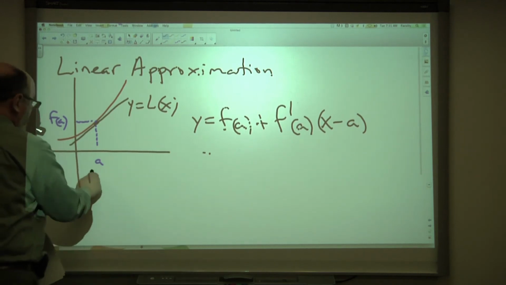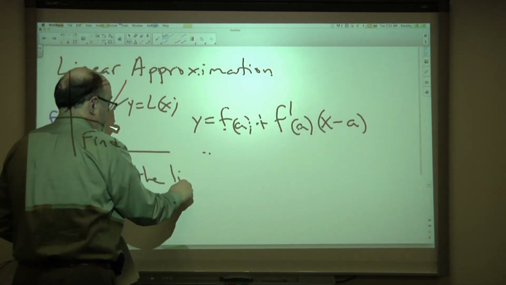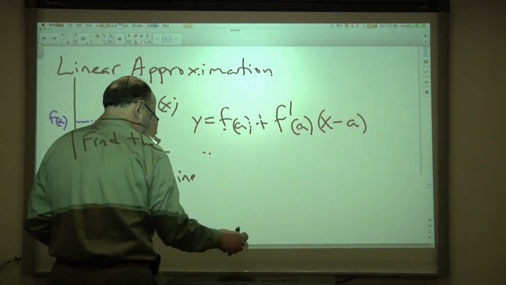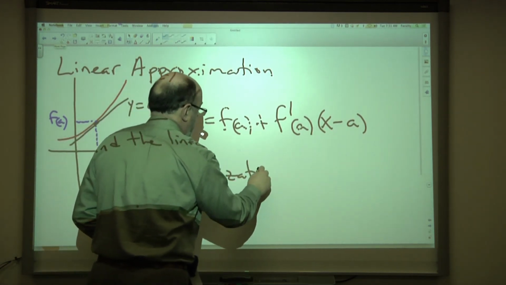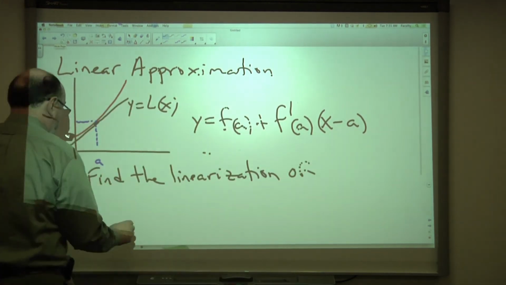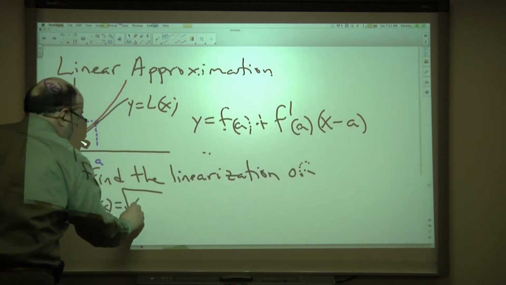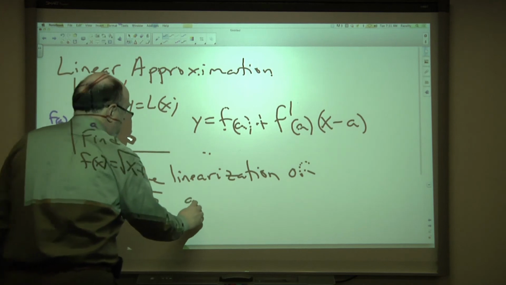So we want to find the linearization of f of x equals the square root of x plus 3 at a equals 1.